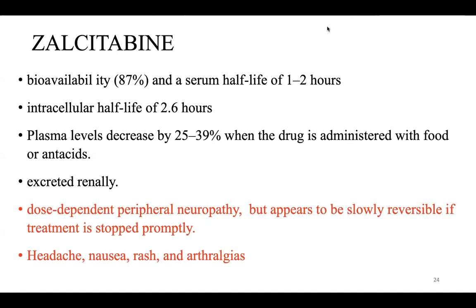The drug is excreted renally. Cerebrospinal fluid concentration is approximately 20% of those in the plasma. Zalcitabine therapy is associated with a dose-dependent peripheral neuropathy, but appears to be slowly reversible if treatment is stopped promptly. Headache, rash, nausea, and arthralgias may occur but tend to be mild or resolve during therapy.